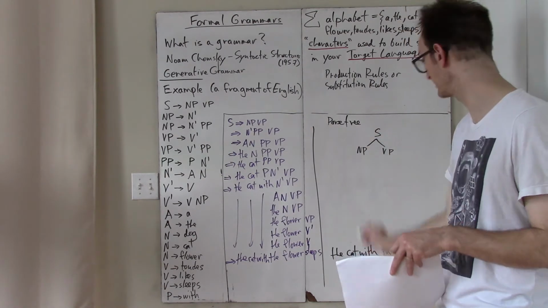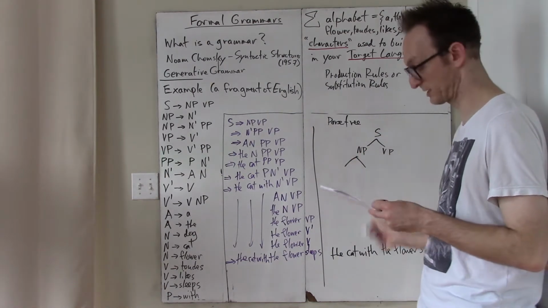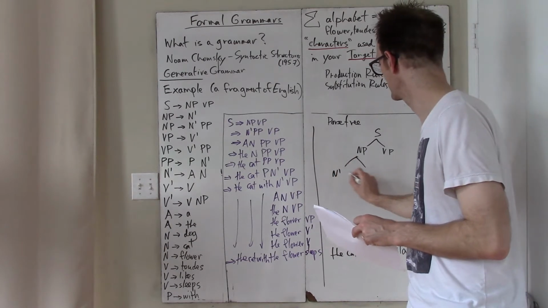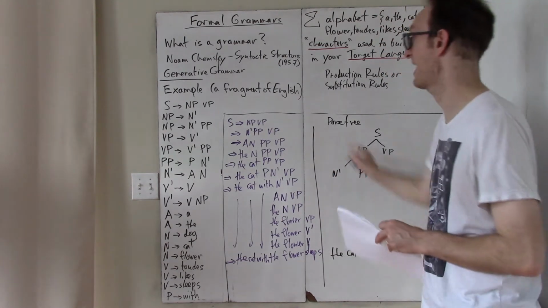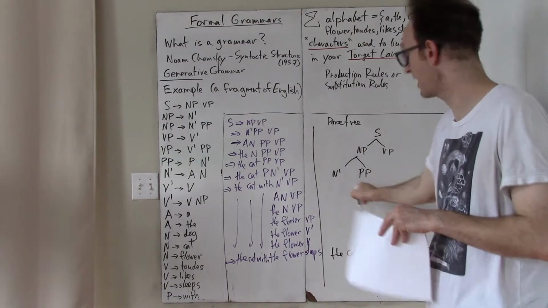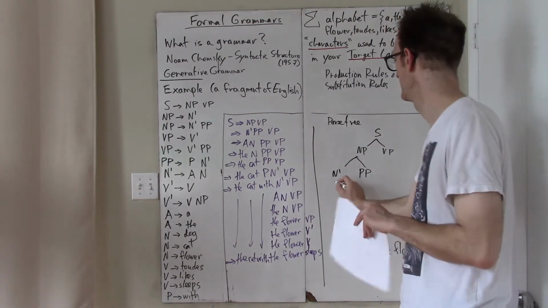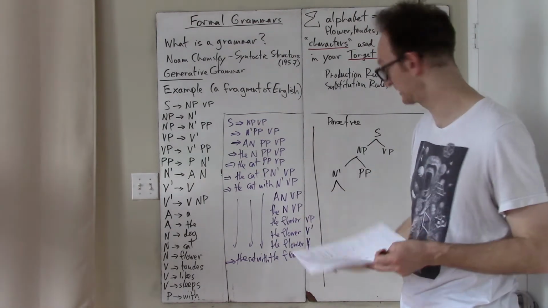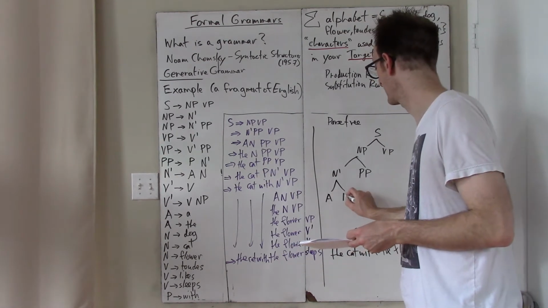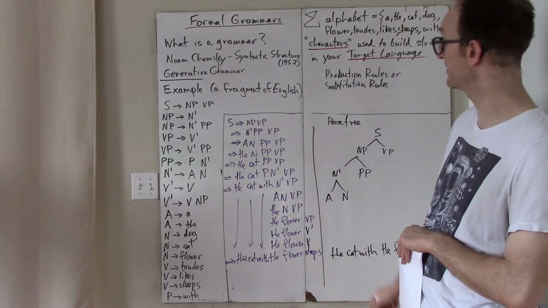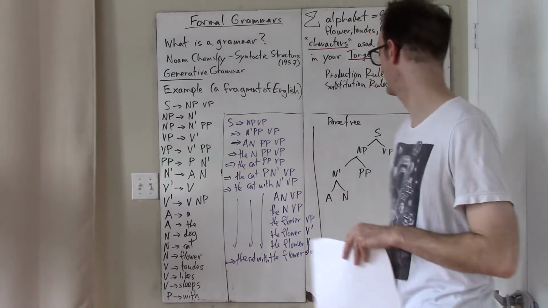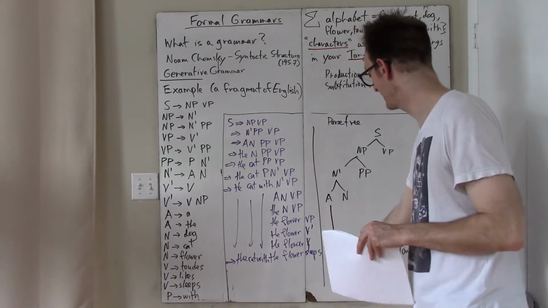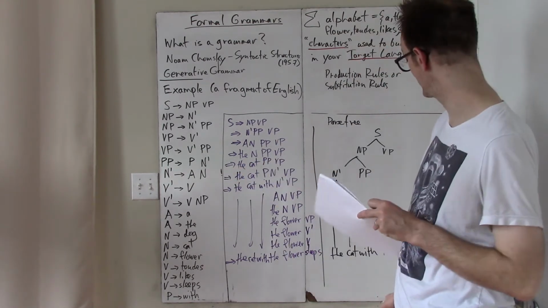This is more of how a linguist would draw it, except they would use correct linguistics. And this NP splits into this N prime and PP. N prime is just a symbol I invented out of basically thin air for this. And this N prime rule got split into A and N. A became the, N became cat.